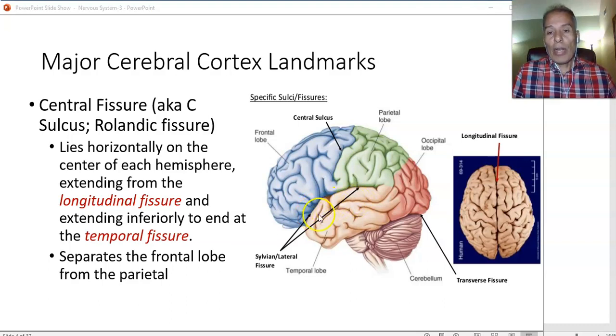It separates the temporal lobe from the frontal lobe and from the parietal lobe. So you need to know, when you are asked about these fissures, you need to exactly identify where they extend, where they lie, what they separate.